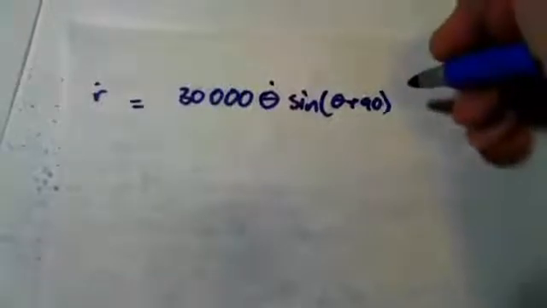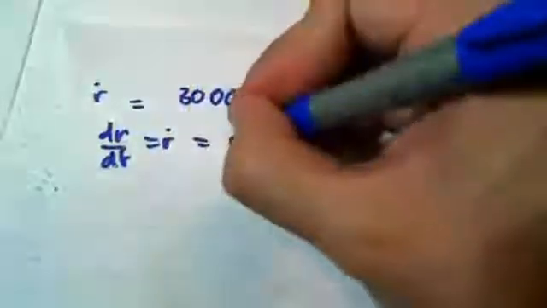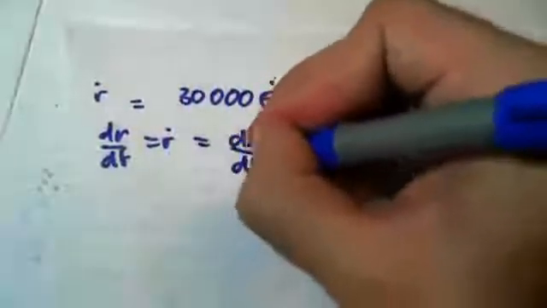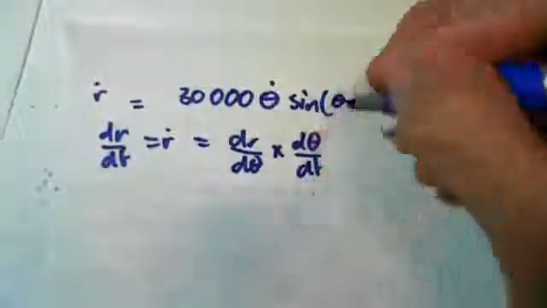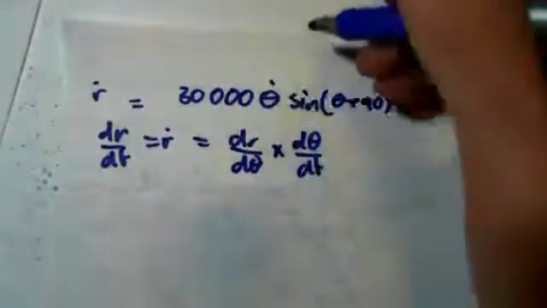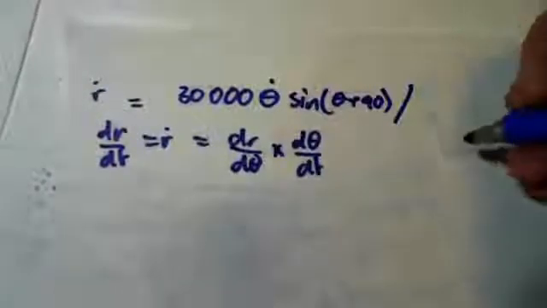The reason this comes into play is because dr on dt, which equals r dot, is equal to dr on d theta times d theta on dt, which is that theta dot term there. We're still missing a denominator, so I'll put that in now.